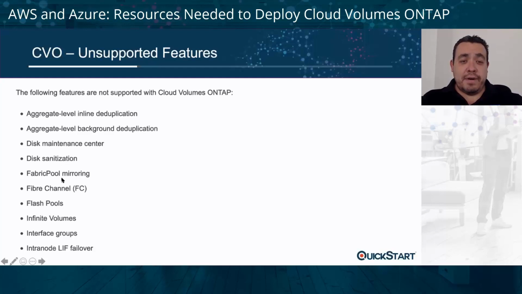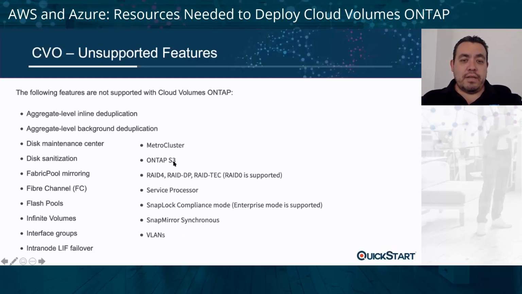It's called cloud tiering here. Fibre Channel, we don't support that. Flash Pools, infinite volumes, interface groups, and a few more. MetroCluster, the ONTAP S3 that came out in ONTAP 9.8, RAID 4, DP and TEP, because we have RAID 0, no SP, no SnapLock Compliance, but you can go with Enterprise, no SnapMirror Sync, no VNets.